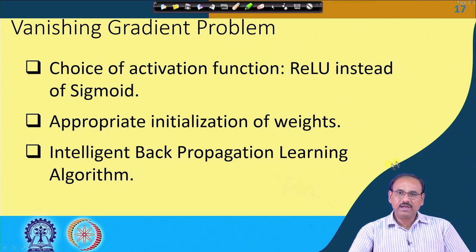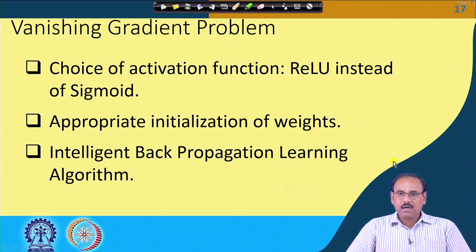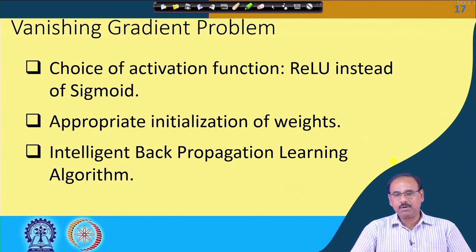That means by having a proper architecture or algorithm to be used for backpropagation learning. So, this is what we are going to discuss today: we will be discussing two architectures. One is GoogleNet and the other one is ResNet or residual network, and we will try to see how this vanishing gradient problem is addressed in GoogleNet as well as in ResNet.